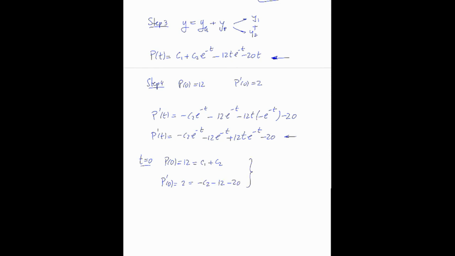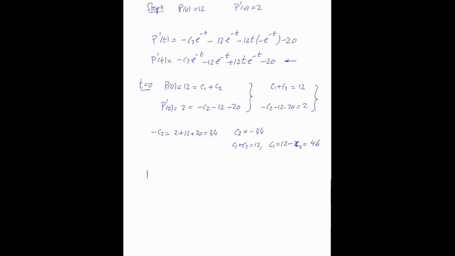So we have to solve c1 plus c2 equals 12, and minus c2 minus 12 minus 20 equals 2. From the second one, we have minus c2 equals 2 plus 12 plus 20, which is 34. So c2 equals minus 34, and c1 plus c2 equals 12. So c1 is 12 minus c2, which is minus 34. 12 and 34 is 46.